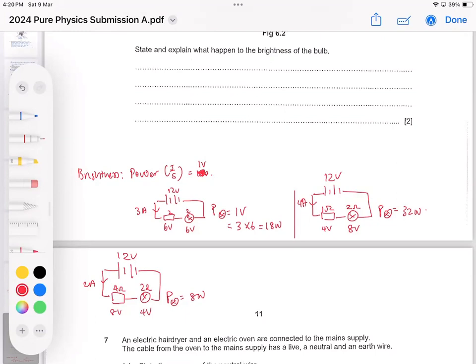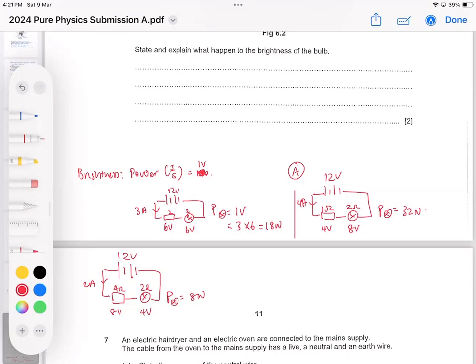Yeah, makes sense. Okay. What is the main thing that we want to take away from here? You notice that in all situations, the lamp has the same resistance of 2 ohms. Then in scenario A, when the resistance of the resistor drops, its potential difference also dropped to 4. And then the lamp actually draws more voltage, even though the lamp remains the same.